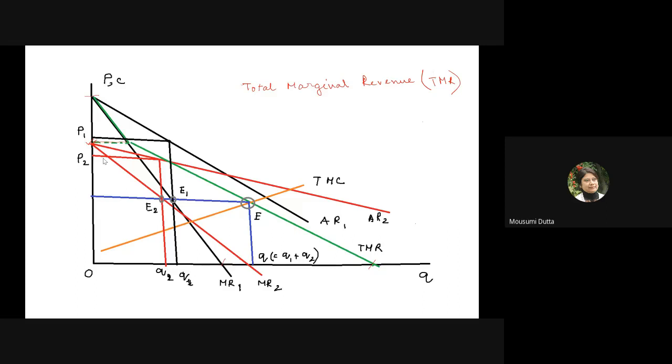Identical to MR1 till the starting point of MR2. Okay. So from the MR1 starting point up to the MR2 starting point, the total marginal revenue will be identical with MR1, because there is no presence of MR2.